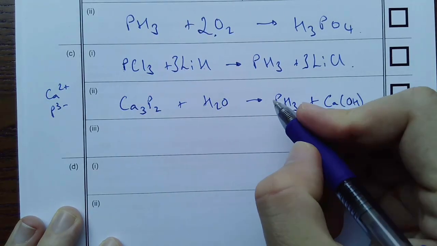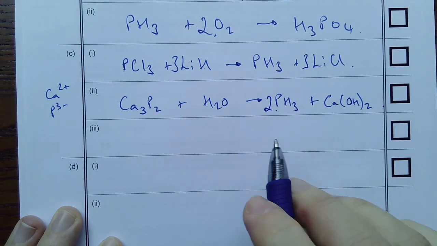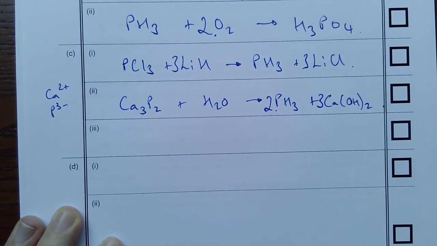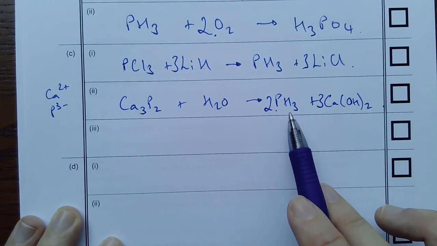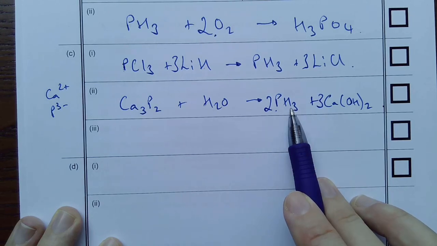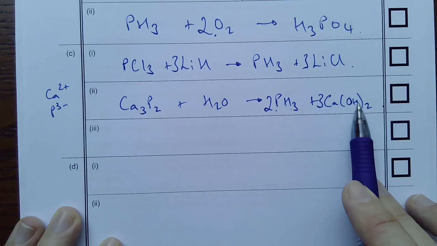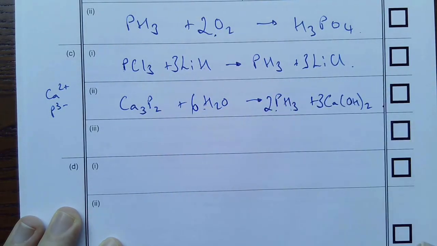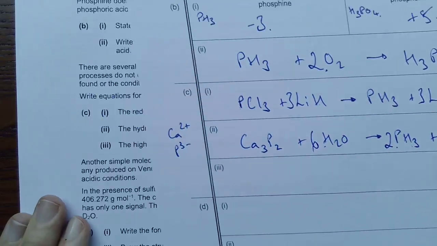So I've got 2 phosphoruses here, so I'm going to put a 2 there. I've got 3 calciums here, so I've got a 3 there. Then I've got, how many hydrogens? I've got 6 here, and I've got 6 here, which is 12. So I need a 6 there, and that's done.